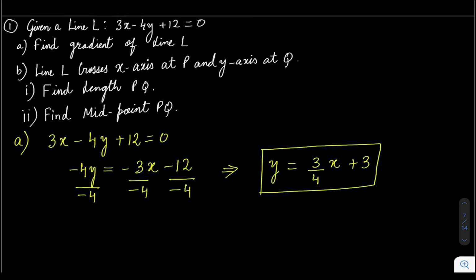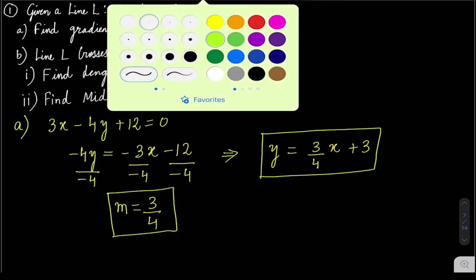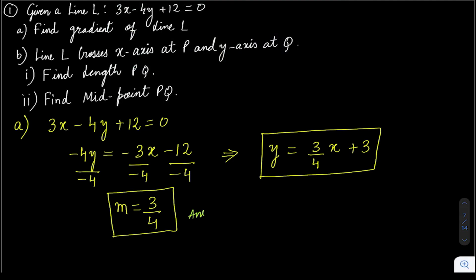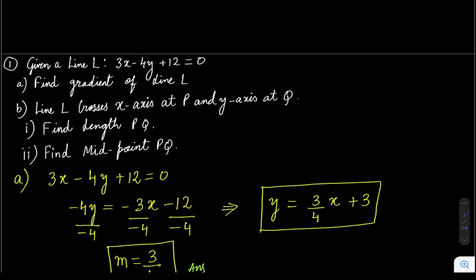So this is my given line, which I can write like this also. The first part was the gradient, so my gradient is nothing but 3/4. This is my answer for part A.